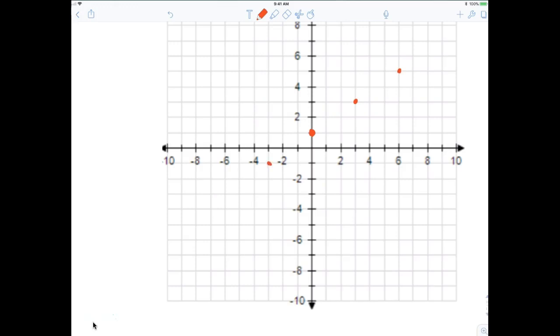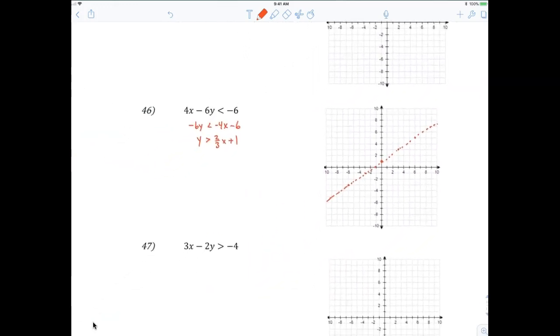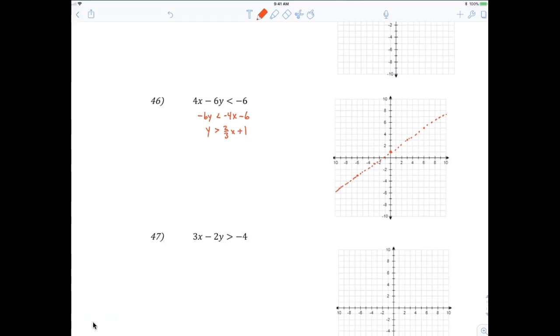Now, the question now is, what type of line? Dotted line, right? And so some of you who did not dot your line, go ahead and erase everything. I'm awful at dotted lines. And we're shading where?